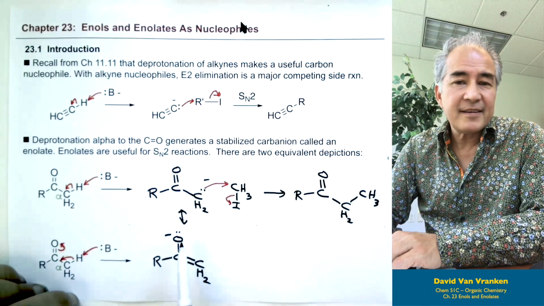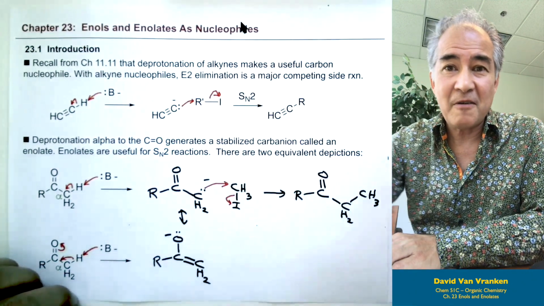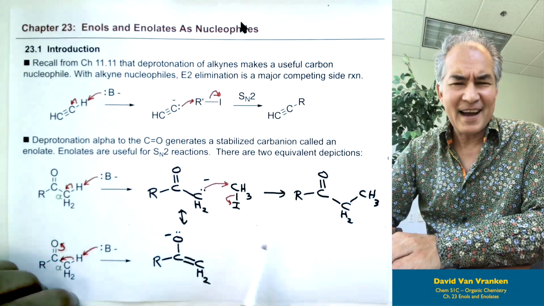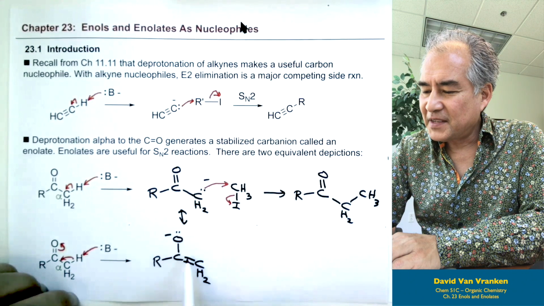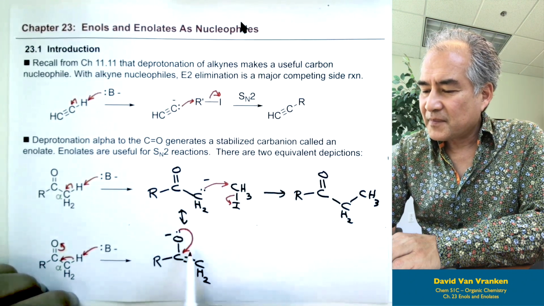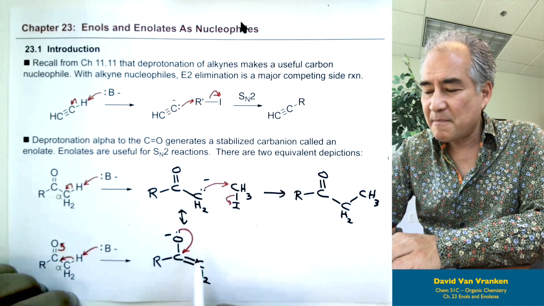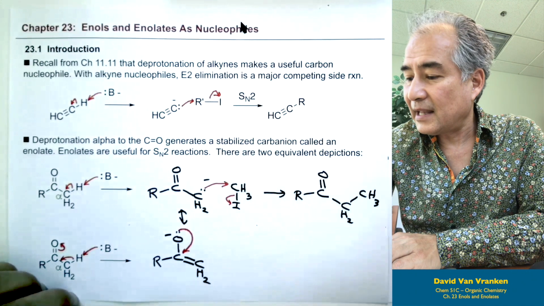We could do exactly the same arrow pushing using the bottom structure. Neither is more correct. I like the top one. The book really, I think, tends to favor this bottom resonance depiction, but we can do the same reaction. We can depict the same process just as correctly by using this enolate resonance structure.